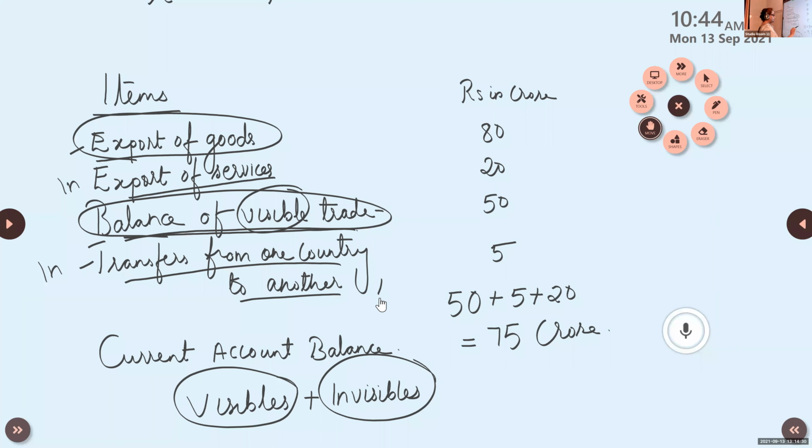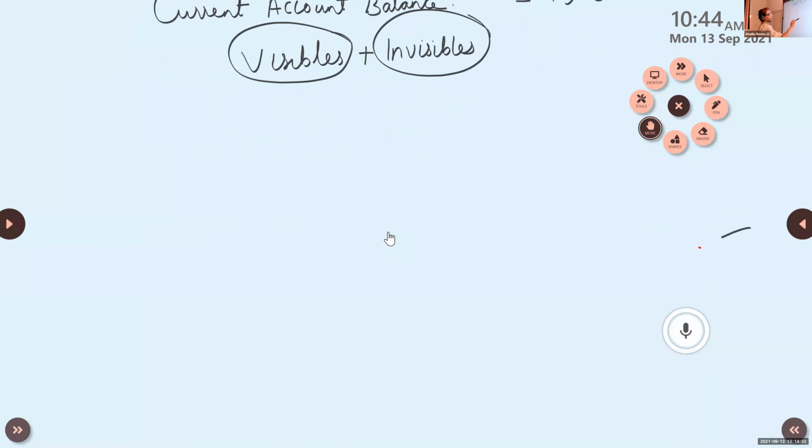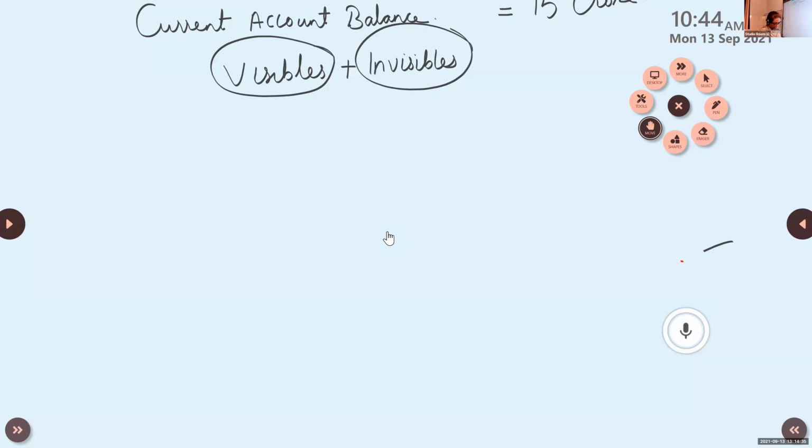Find the balance on the balance of payments account. Here they have asked you to find the balance on the balance of payments account, so understand what it is.